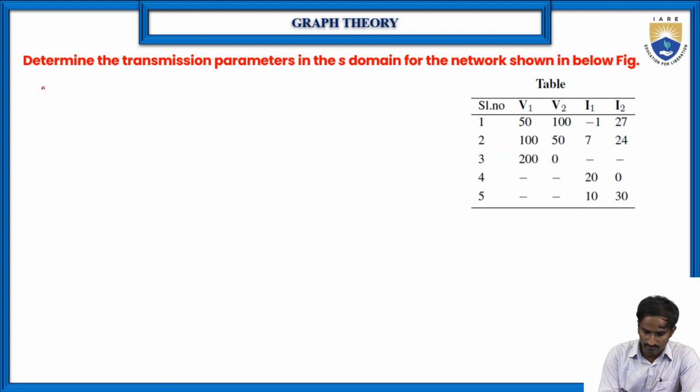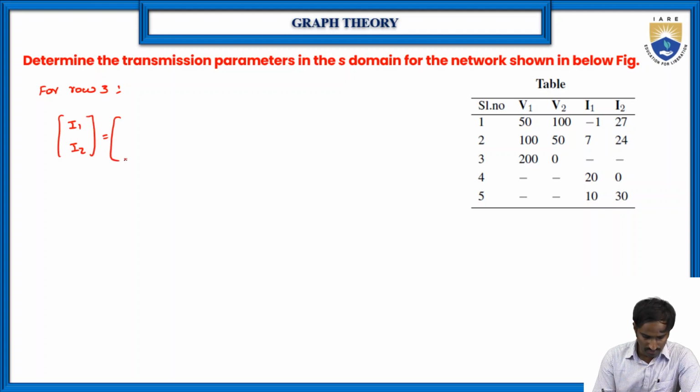Then first for row 3, of course here we don't have I1 and I2 values. So let me write I1 and I2, which is equal to, anyway, just now we have calculated the y parameters.